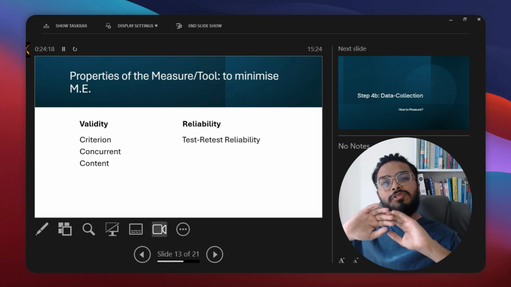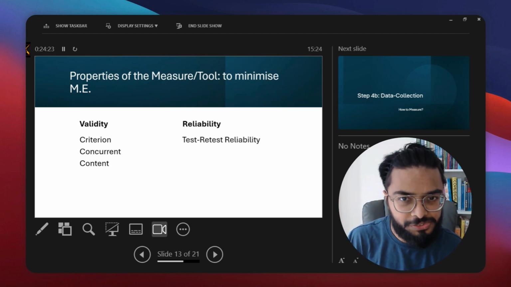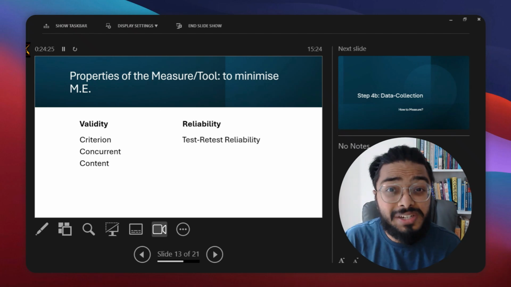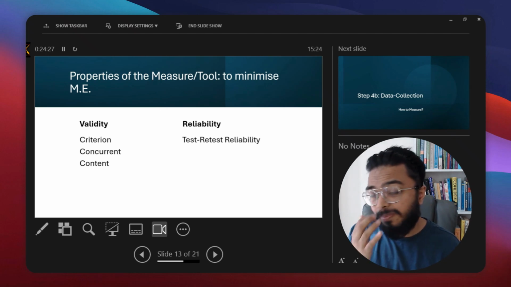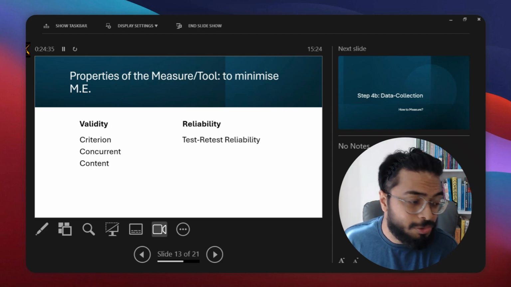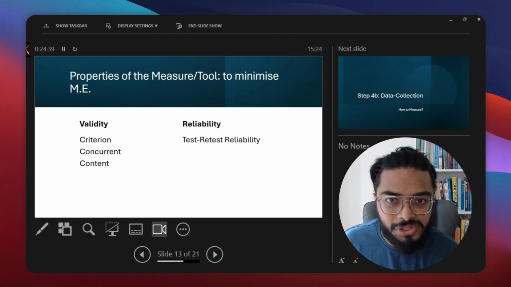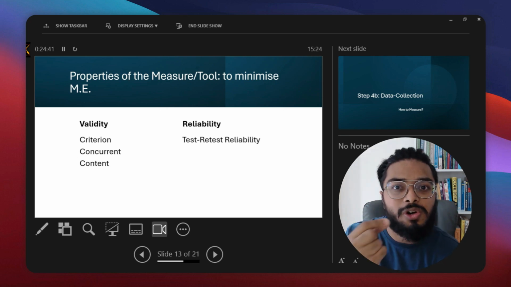To keep it simple, to give you a perspective, we are using some tools to do research or to collect the data, right? For example, if you have a thermometer and you are doing research on body temperature, then the thermometer is your tool.